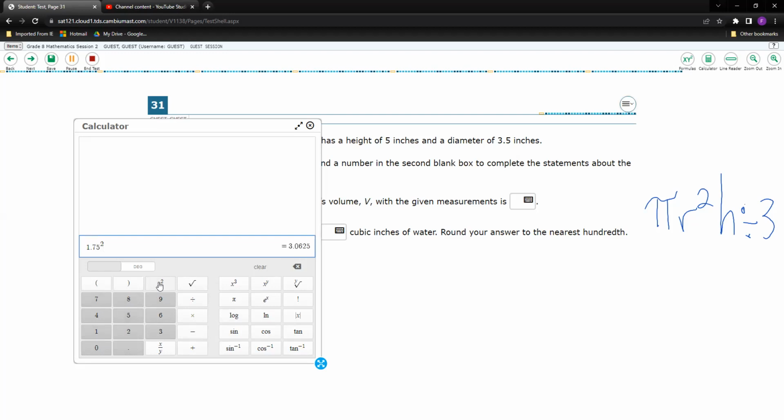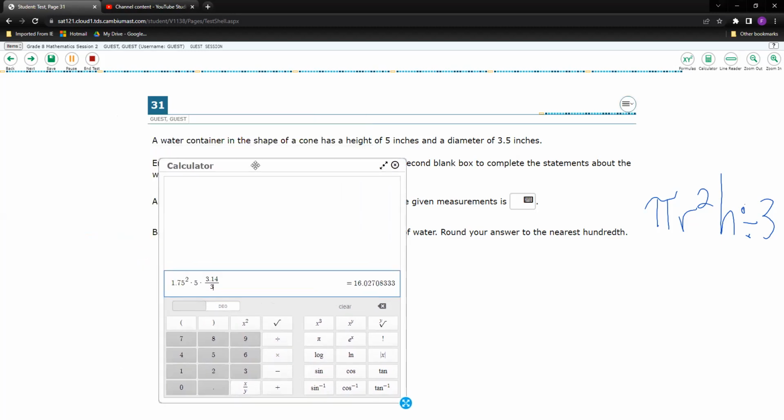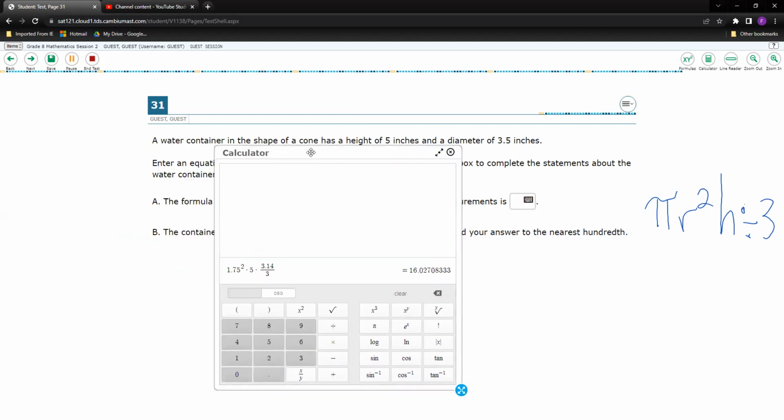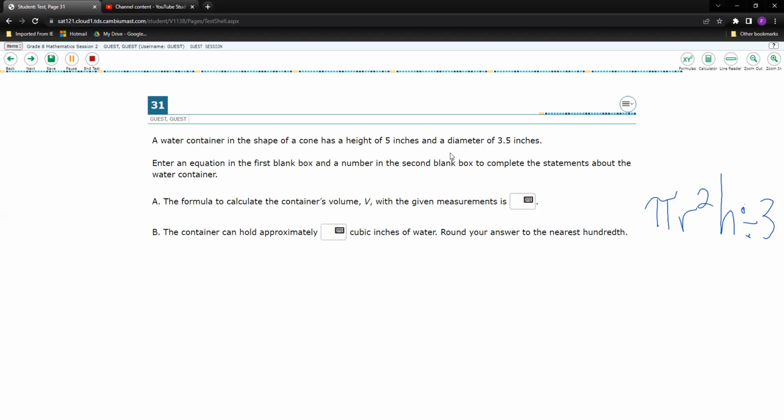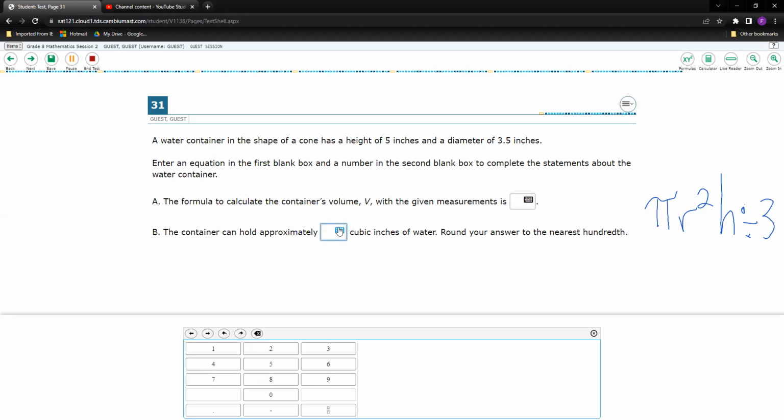Let me multiply it times the height of 5, times pi, divided by 3, because it's a cone. 16.03, approximately, so we can round.